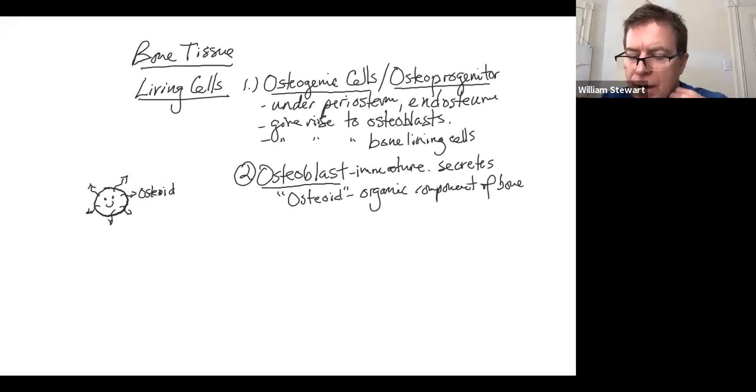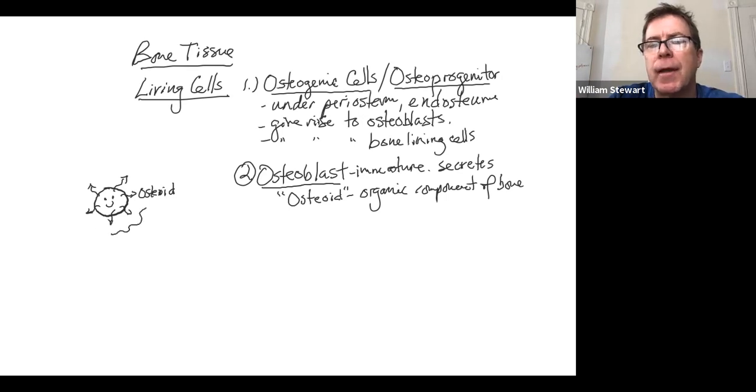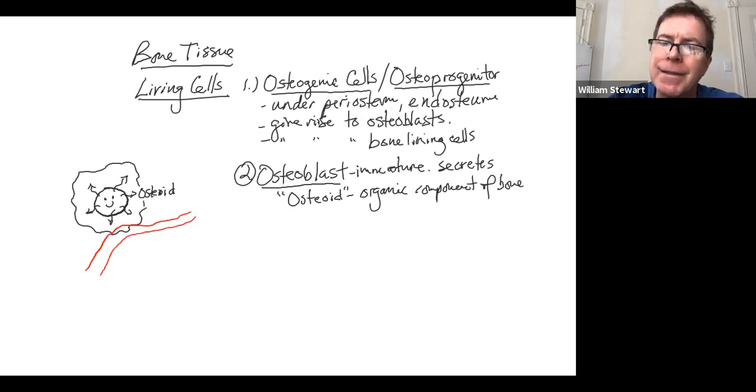It's made up of collagen fibers, binding proteins, and it secretes this stuff. Blood in the nearby area, coming through this blood vessel, carries calcium in it.